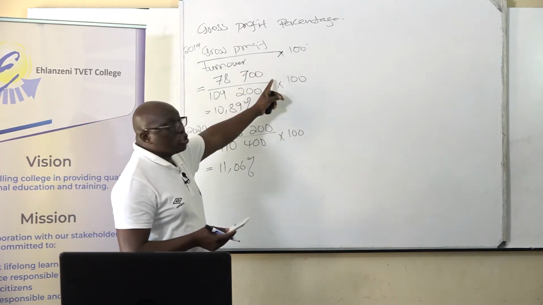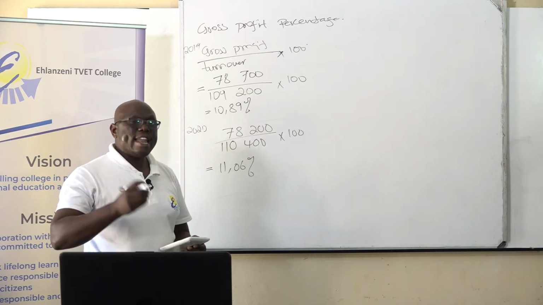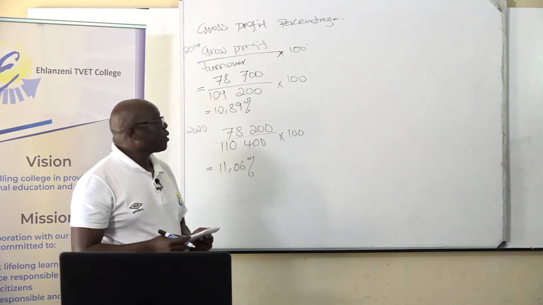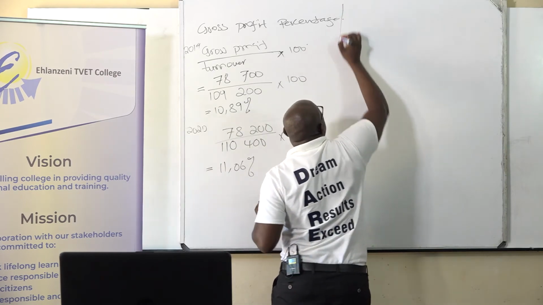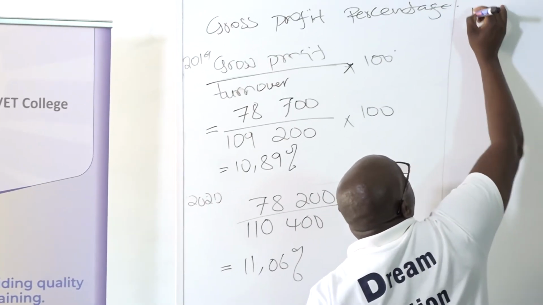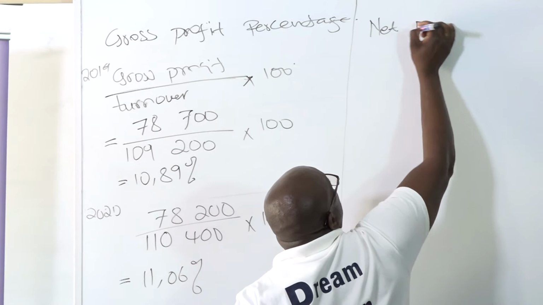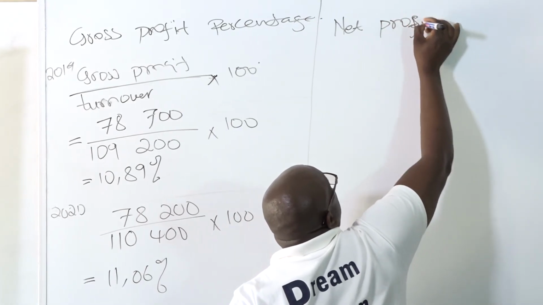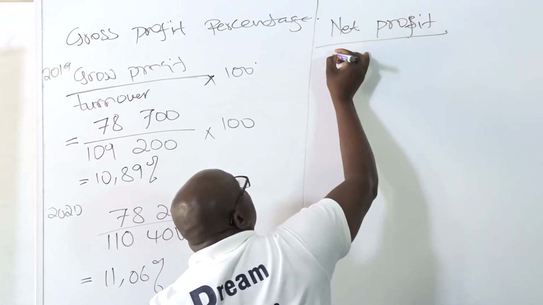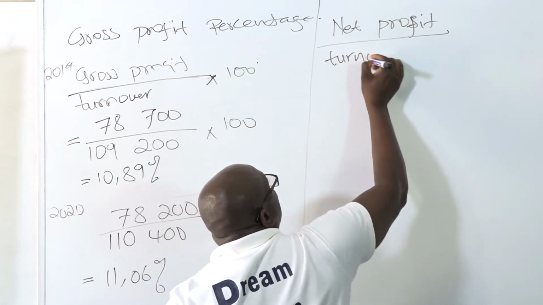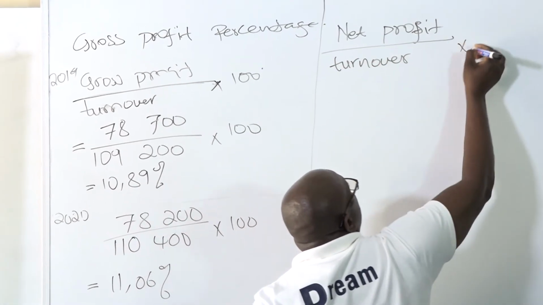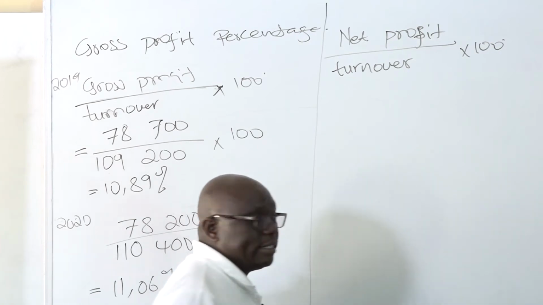So we also have to calculate the net profit percentage. In calculating the net profit percentage, the formula says the net profit divided by the turnover for the year, and we multiply by 100.